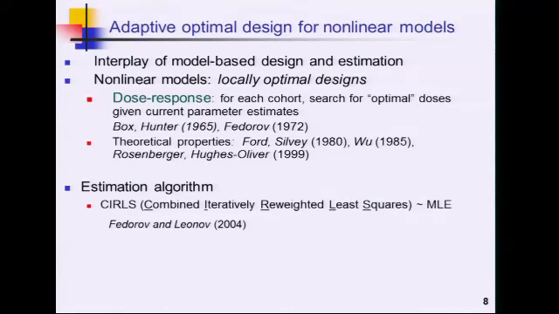And if our preliminary estimate is bad, we may find ourselves in a very poor shape. So what we implement for the adaptive approach, for the dose response examples, for each next cohort of patients, is to search for doses which are optimal given current parameter estimates.